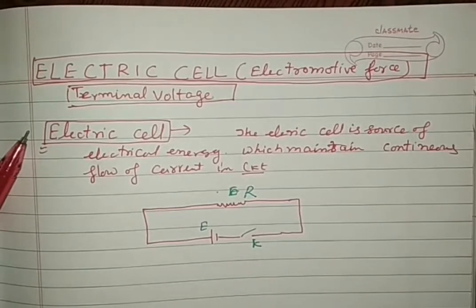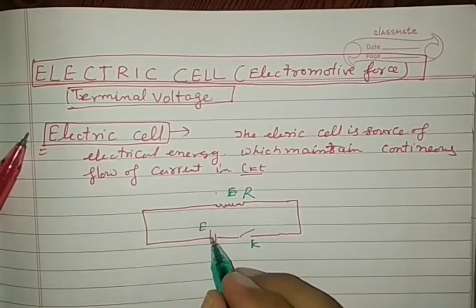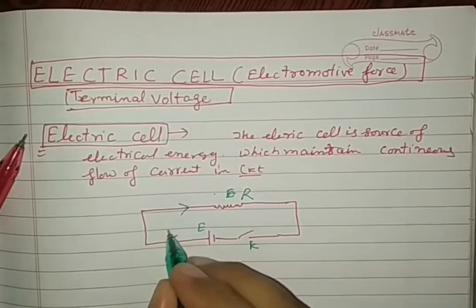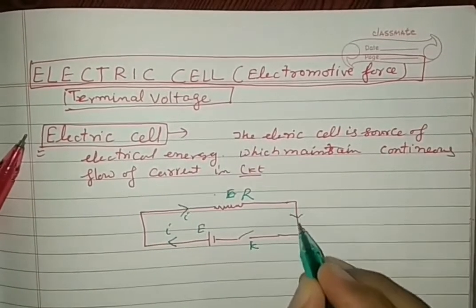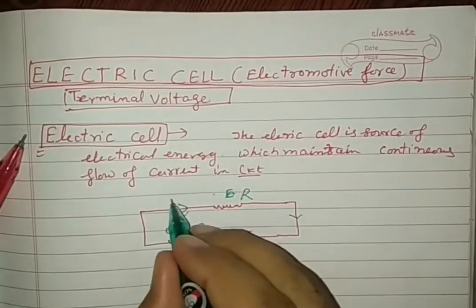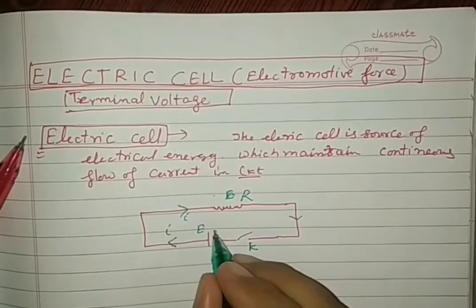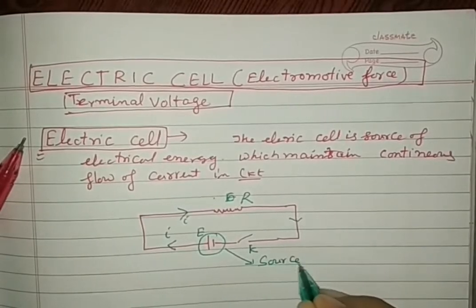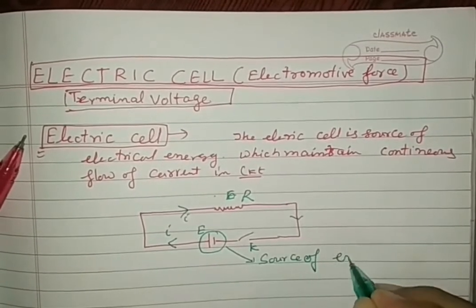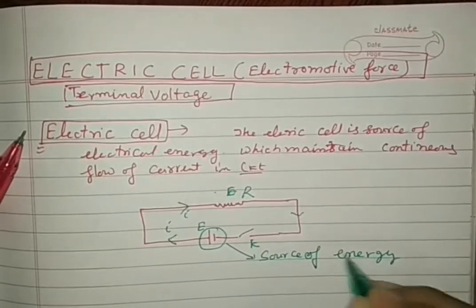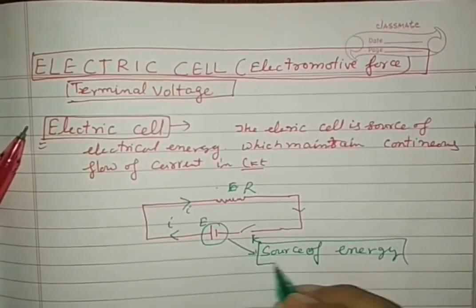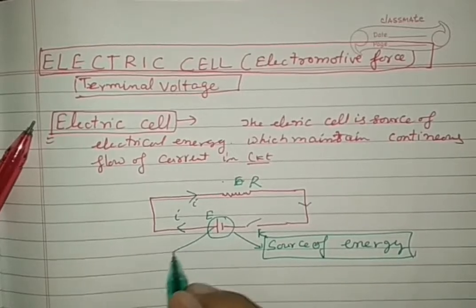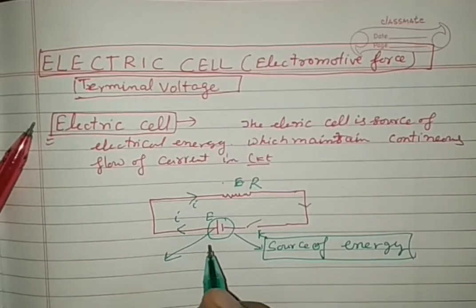Here in this diagram, the cell is a device to maintain electrical current I in the circuit in a continuous flow. It is a source of energy.